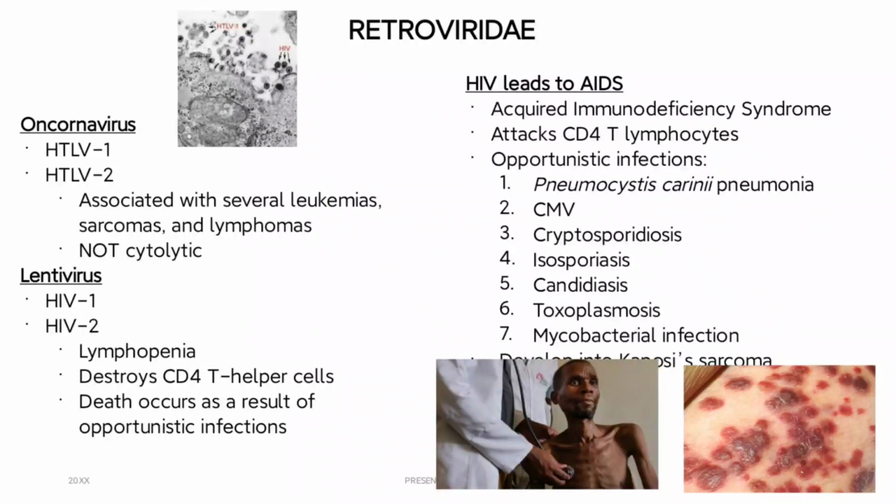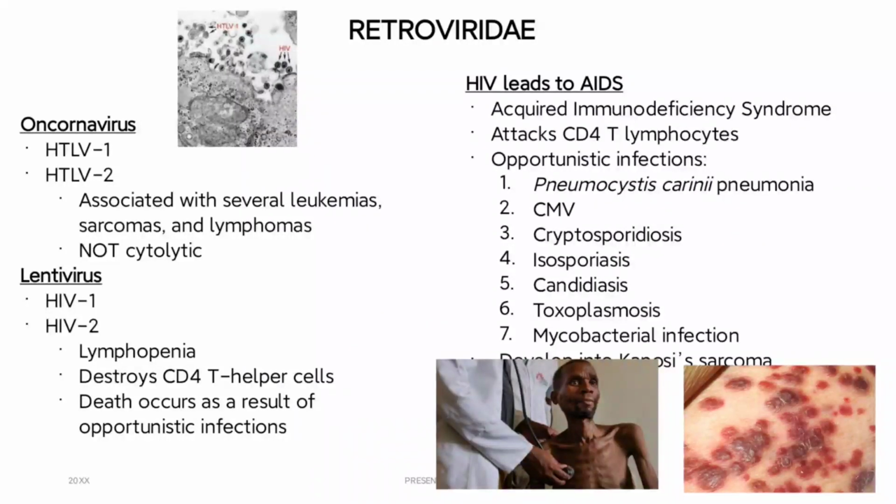Okay? Again, going back, Oncorna virus, HTLV1, HTLV2, associated with several leukemias, sarcomas, and lymphomas. So, technically, these viruses are not cytolytic. So, that is the main difference of Oncorna virus from lentivirus. First, they are associated with leukemia, sarcomas, and lymphomas.